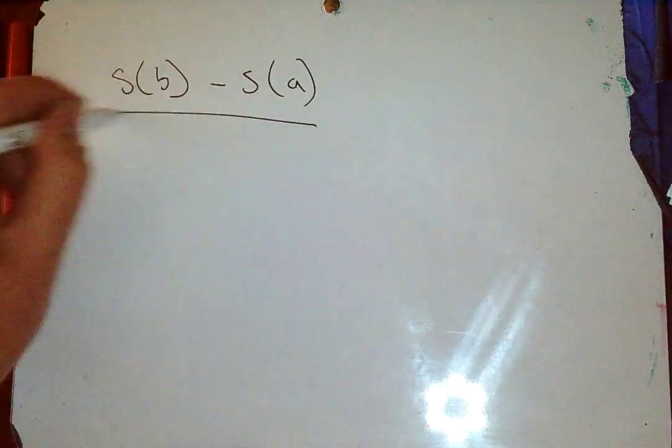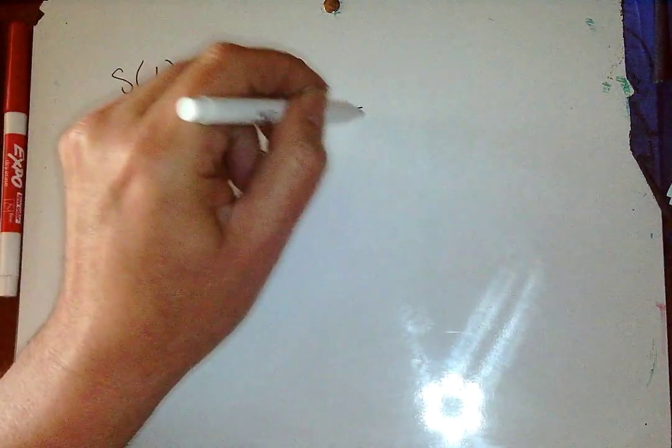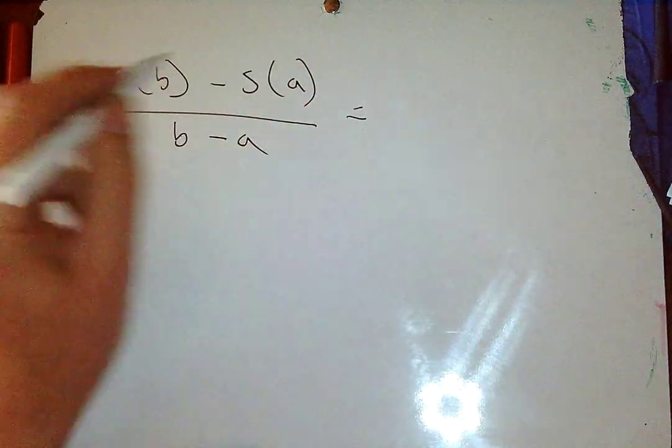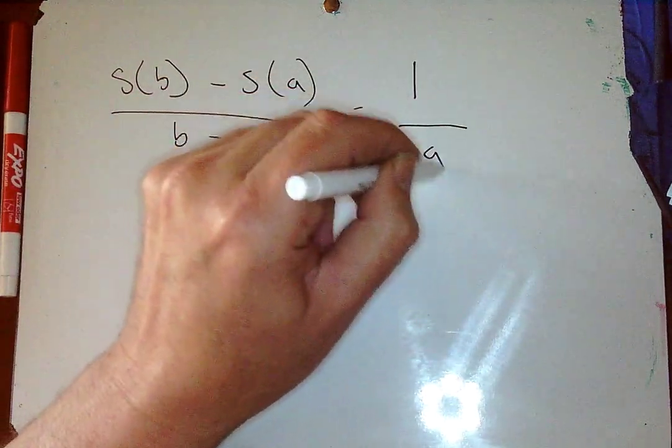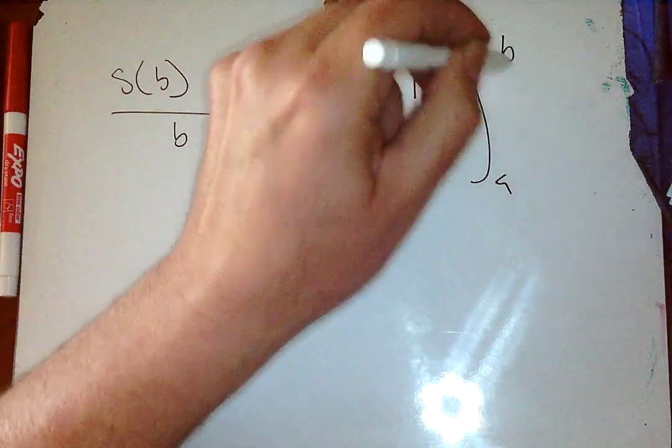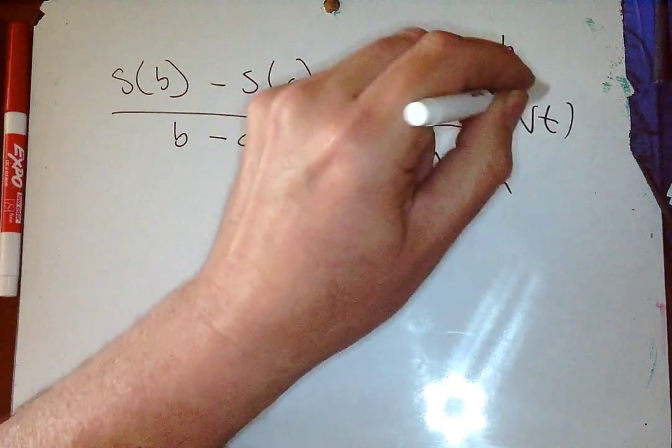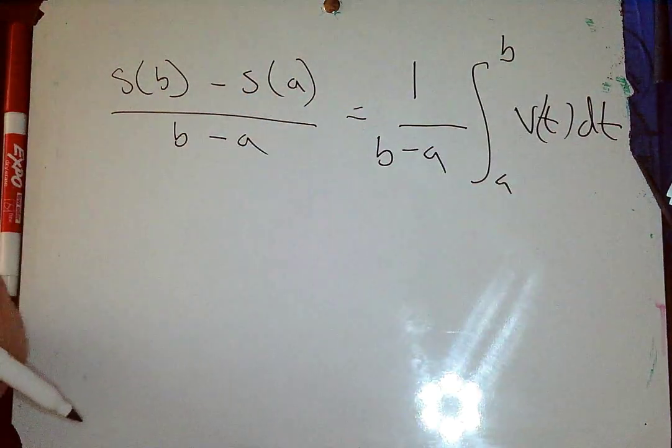Well, in my mind, it means I can say that S of B minus S of A over B minus A, that's average velocity using the position function, must equal 1 over B minus A integral A to B of V of t dt.